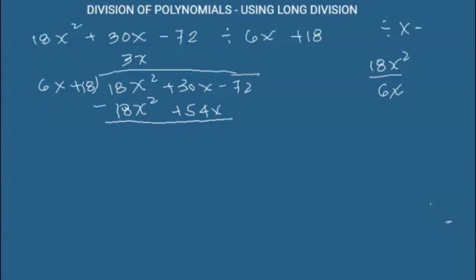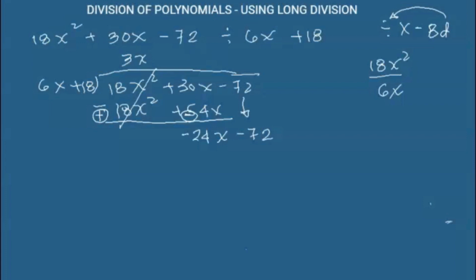So 18x squared minus 18x squared, and then 30x minus 54, or let's add the opposite, so this will be negative. 30 plus negative 54 will be negative 24x, and then bring down negative 72.